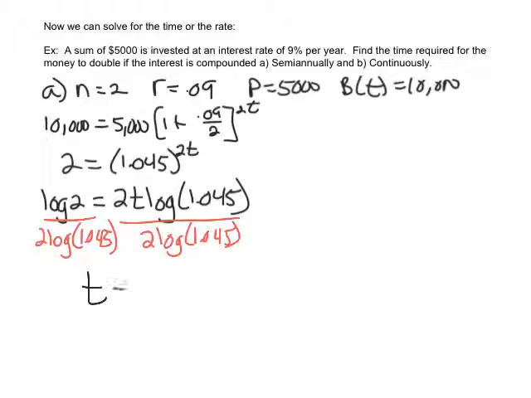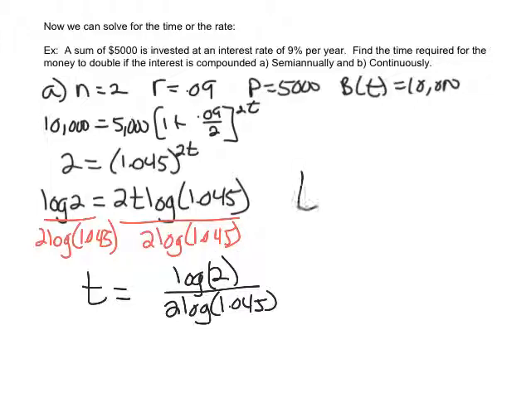So my final value for time, my exact value, is log of 2 over 2 log of 1.045. And actually, let me put the 2 in parentheses too, because I don't want you thinking you can reduce those 2's down. You can't. If you evaluate this, you get t is approximately 7.9 years, almost 8 years, to double your money.